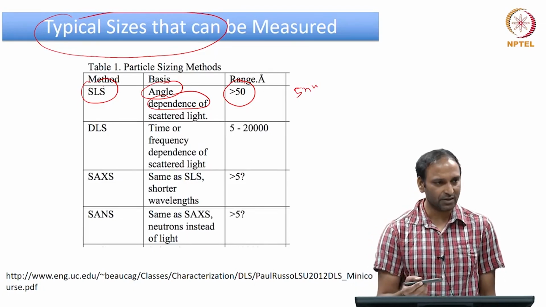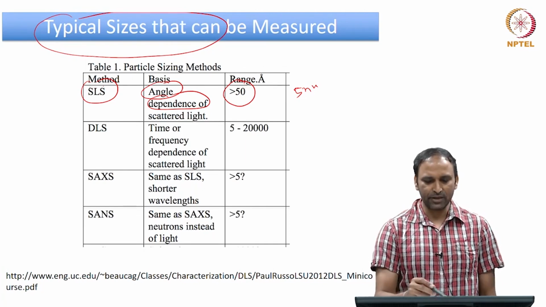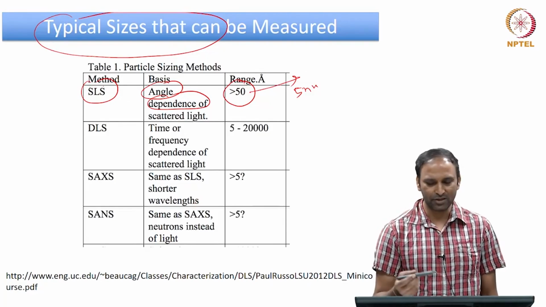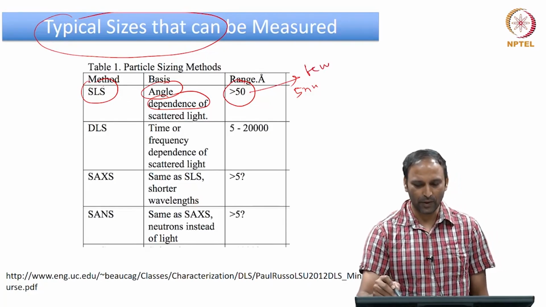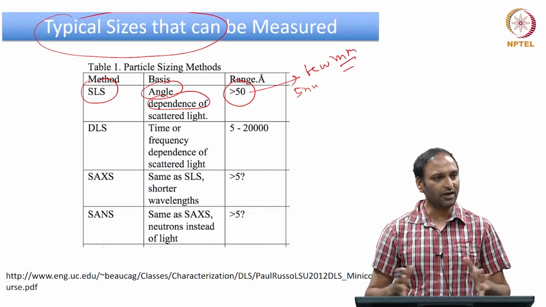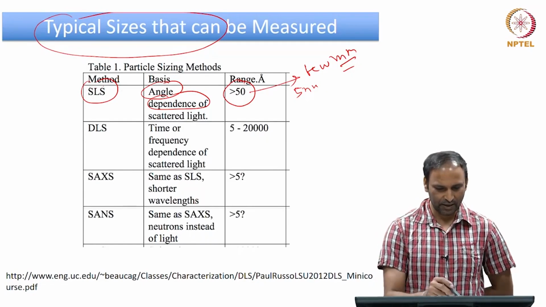And there are instruments using SLS principles where you can measure things up to a few millimeters as well. It really gives you a very large size window that you can measure with this technique.